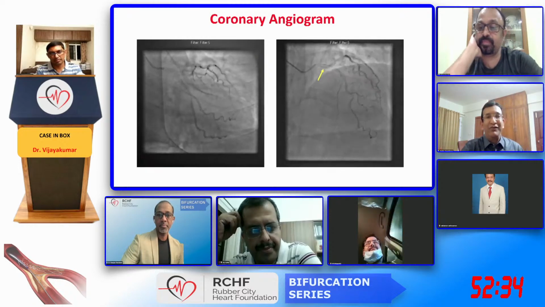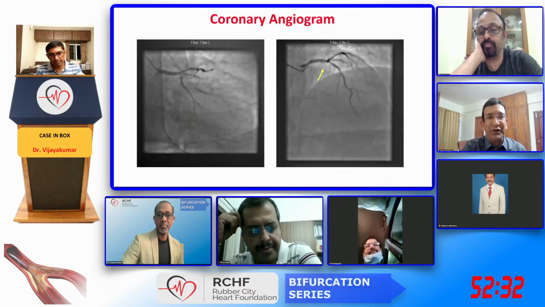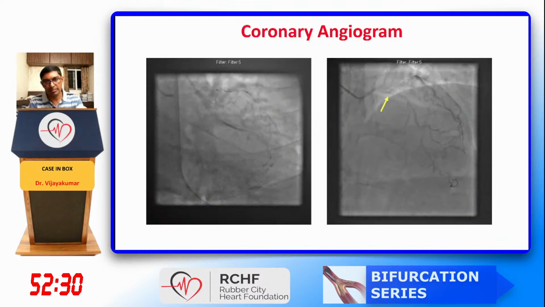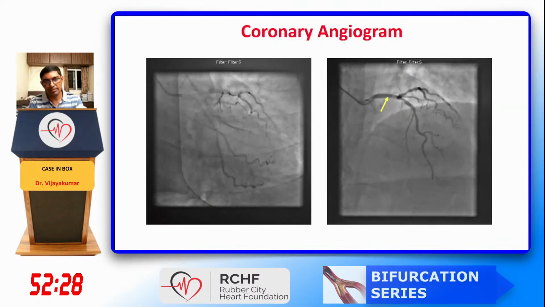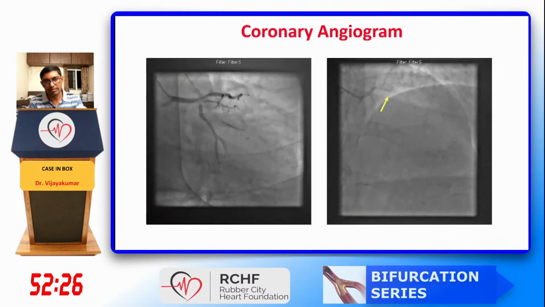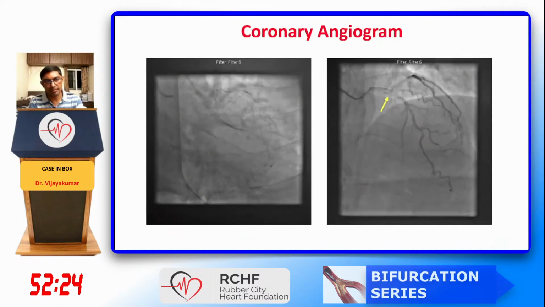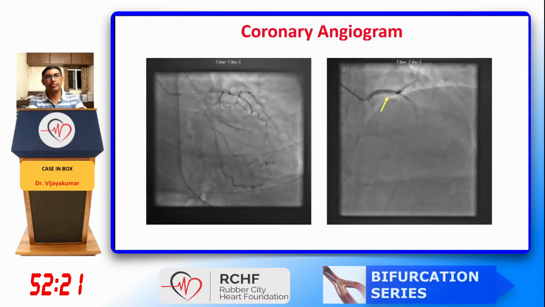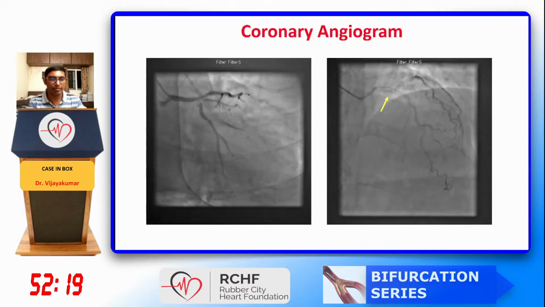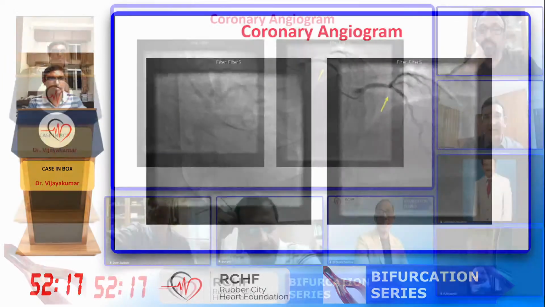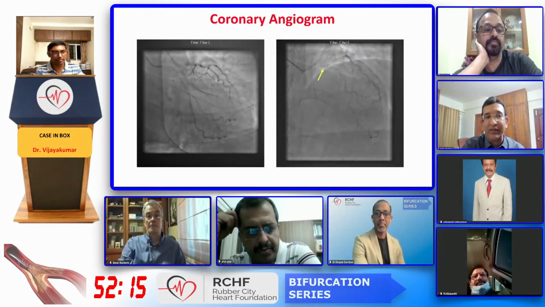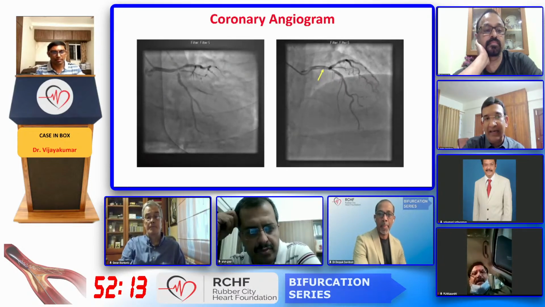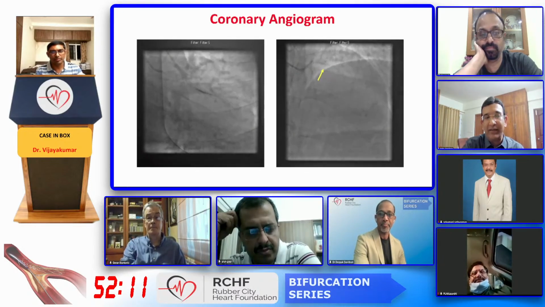Yeah, it's a very interesting case, Vijay Kumar. This is what most people dread. You have a critical lesion in the circumflex and calcium, and the LAD is borderline. So first of all, you would necessarily need to see if there's any FFR, preferably to see for reversibility in the LAD territory, or inducible ischemia in the LAD.